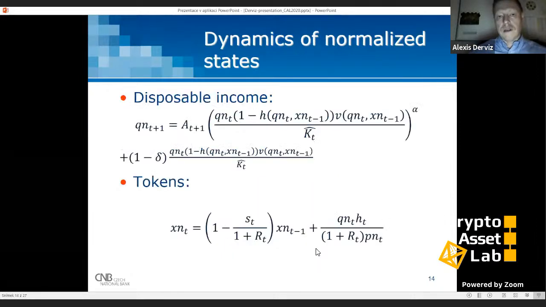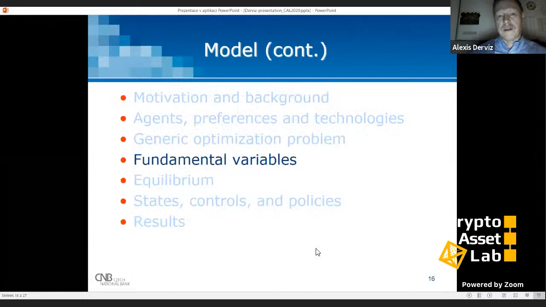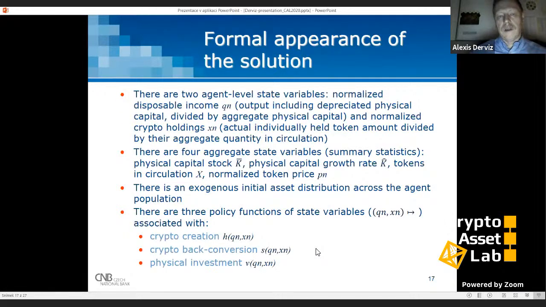Then let's say there is a maximization problem. I will only comment upon the optimal decisions of those agents, they have two state variables. They must be normalized because we are talking about the growth environment. So they are normalized by the aggregate physical capital, K bar.